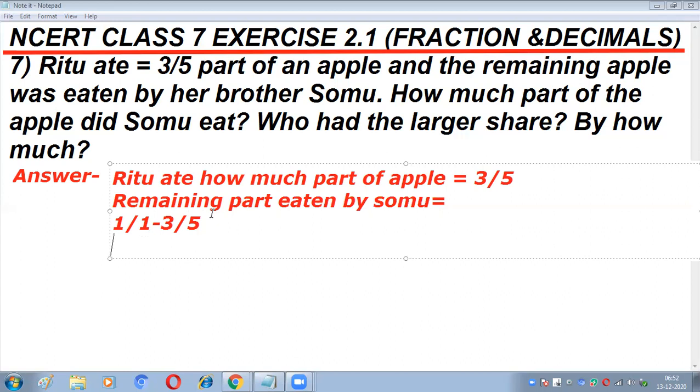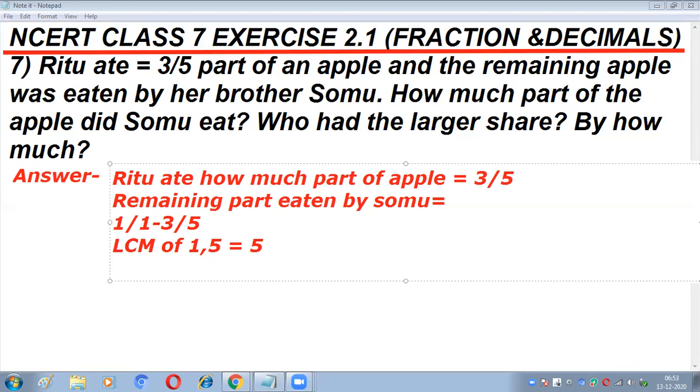So we have to take the LCM of 1 and 5, that is 5. So 1 by 1 is equal to what by 5? So 5 divided by 1 is 5, and 1 multiplied by 5 is 5 by 5.